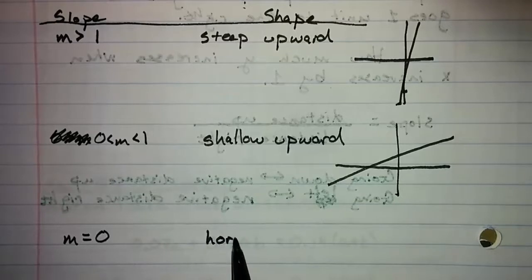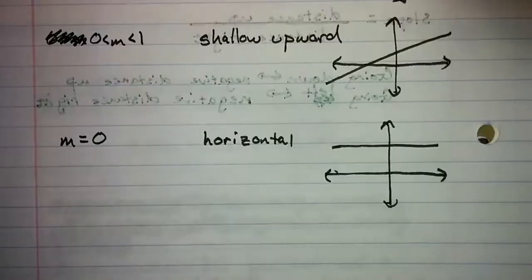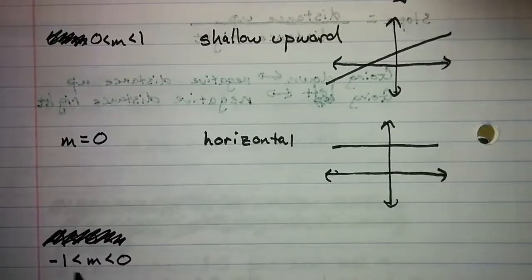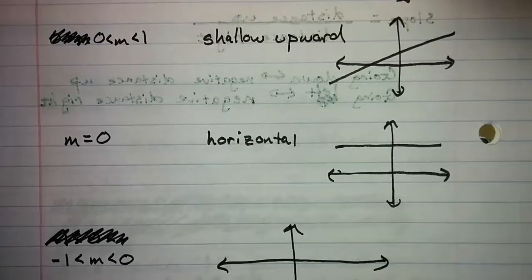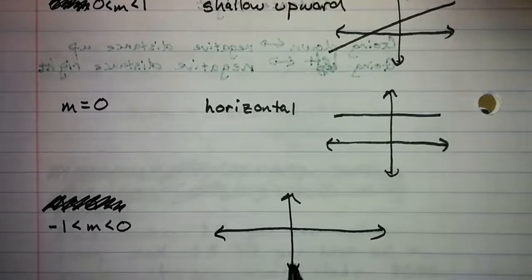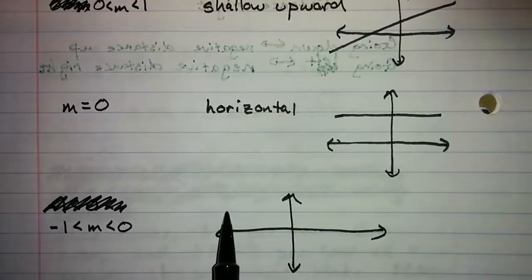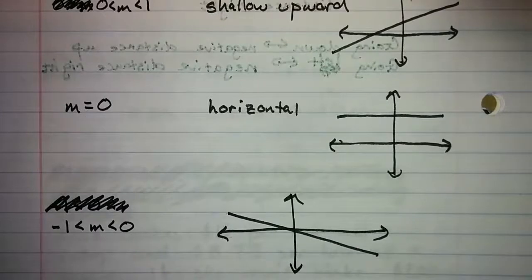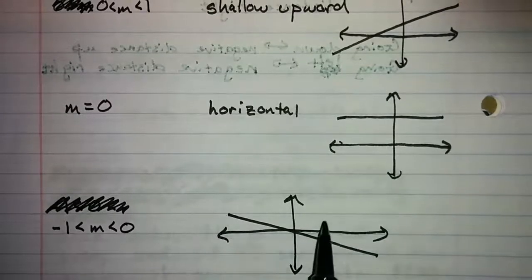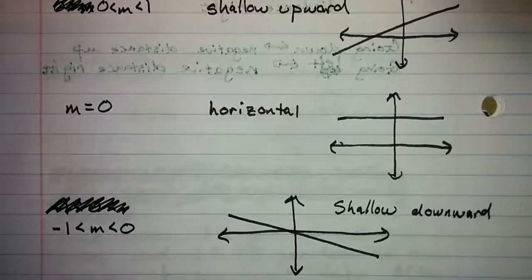That gives us a horizontal line. And now negative slopes give us downward sloping lines. If M is a negative number, but still bigger than -1, that means that when we go 1 to the right, we go down, but by less than 1. That's a line that will be shallow downward.